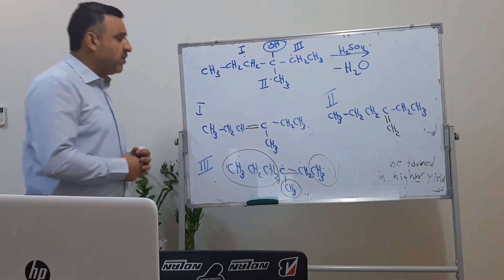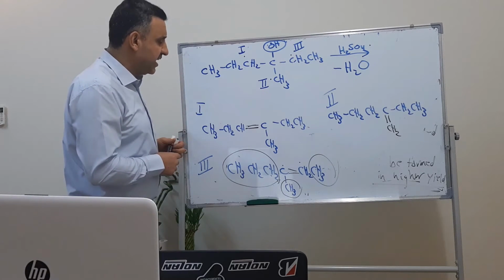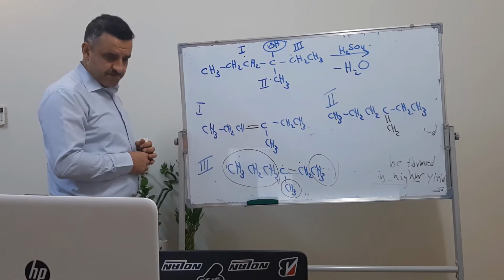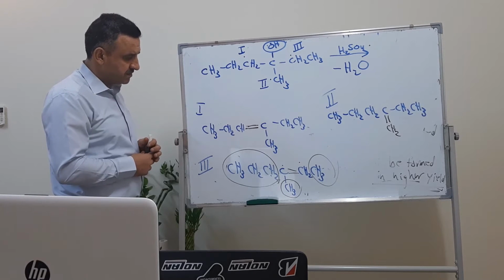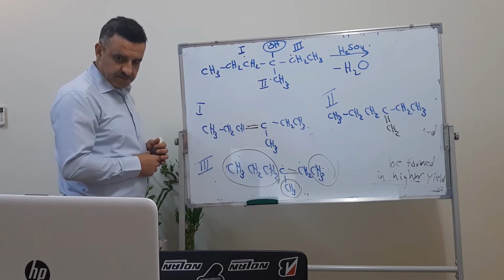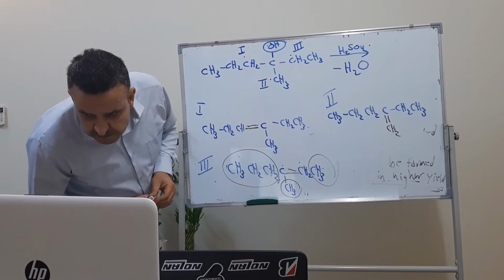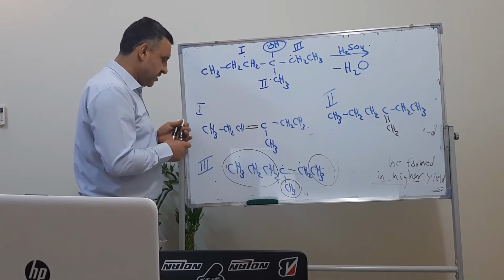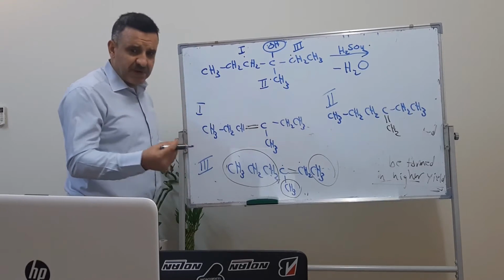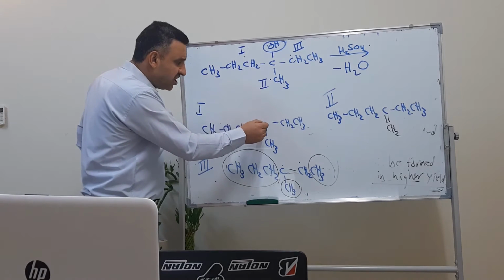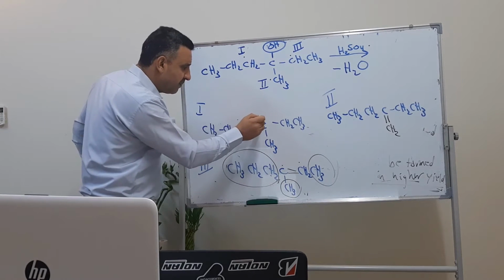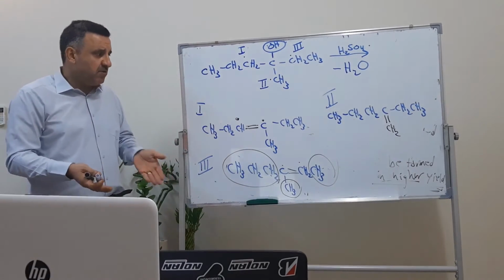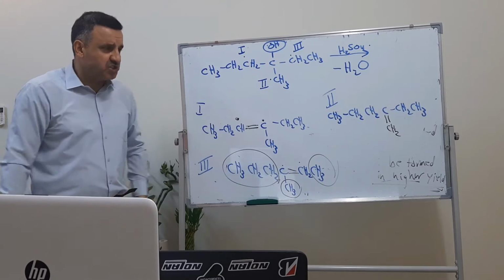In the structure number 1, how many alkyl groups are there? How many? In the structure number 1. Two alkyl groups. Why 2? Why is it difficult to recognize it? It's very simple. It's a piece of cake. You just check the 2 carbons which make the double bond. So this carbon and this carbon. And count now the number of alkyl groups attached to these 2 carbons.